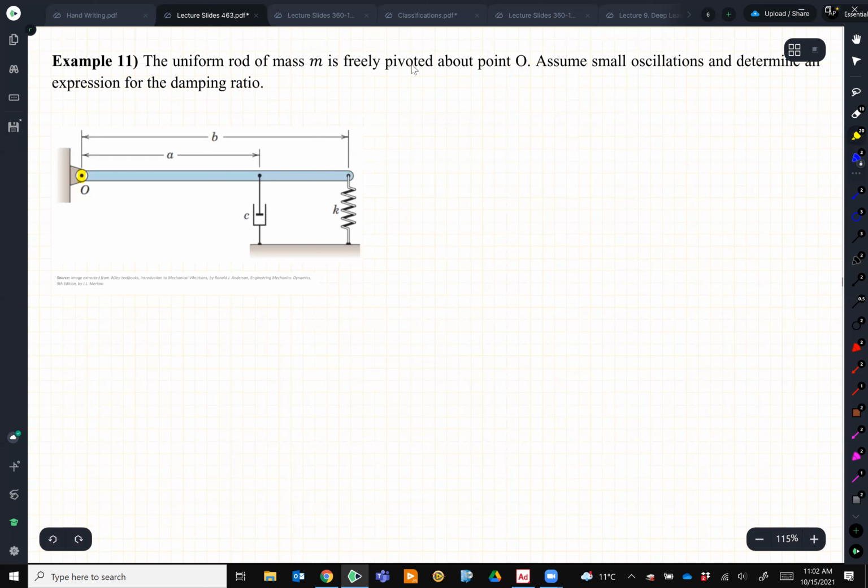Okay, so we know our standard form of the equation. The standard form is always m x double dot plus c x dot plus k x equal to 0.